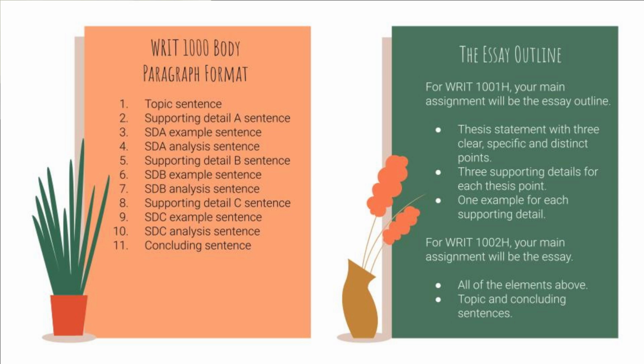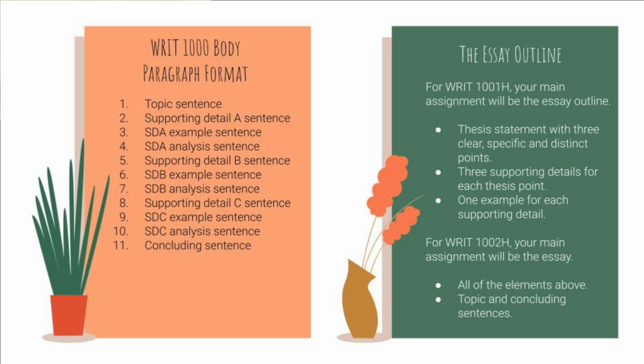That's what the H is for. And WRIT 1002, which is the sequel to this course. So the WRIT 1000 body paragraph format, you will have a topic sentence. After that, supporting detail A example, supporting detail A analysis, supporting detail B sentence, supporting detail B example, analysis, and then the same for supporting detail C, and a concluding sentence.